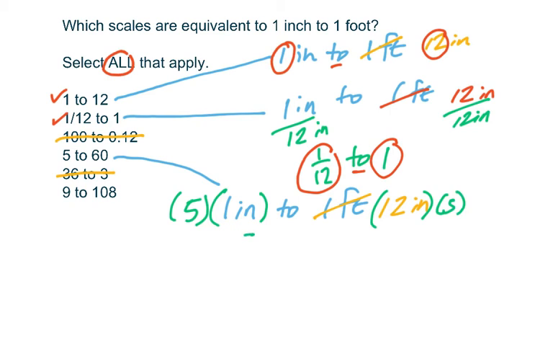So that gives me 5 inches to, instead of 1 foot, now we have 12 times 5 is 60 inches. So there I see the relationship of 5 to 60. So I know that this is also equivalent.